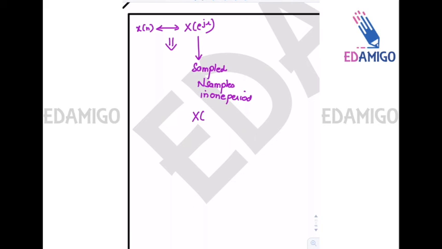So it is X[k], equal to X(e^{jσ}), where σ equals 2πk by N. But now the time domain signal is not x[n], rather it is x̂[n], which is equal to the sum of x[n − mN], m going from minus infinity to infinity.